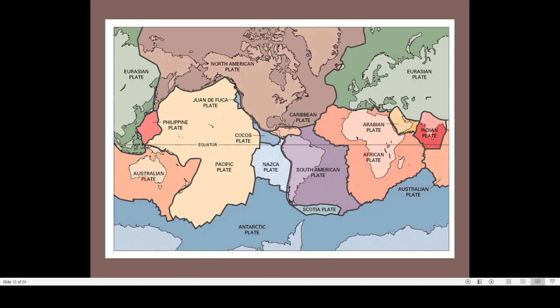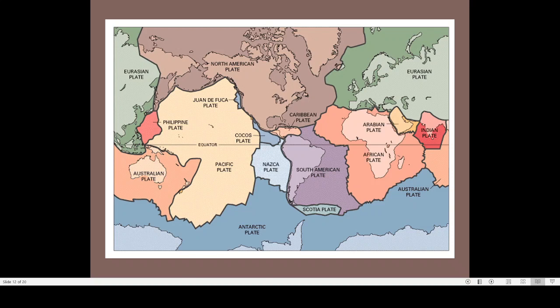You might have heard about tsunami. In 2004, there was a tsunami in Indonesia. During that time, this kind of movement took place and one plate moved above and a lot of water was also lifted up. And that water reached different parts of the world. That was how tsunamis were created.